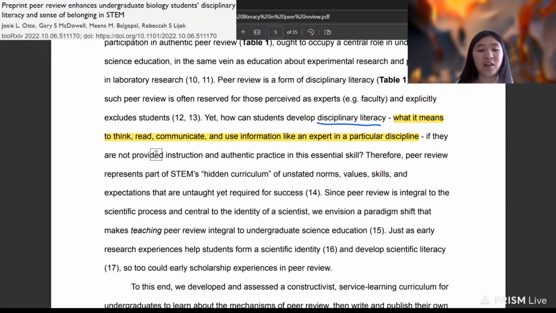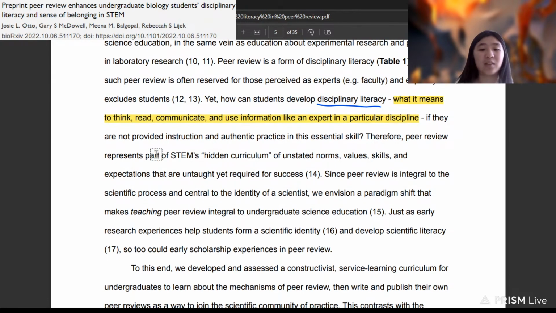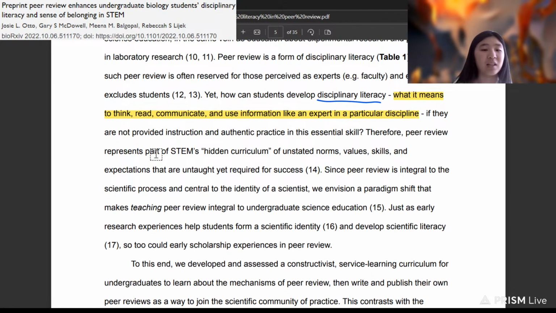So, therefore, peer review represents part of STEM's hidden curriculum of unstated norms, values, skills, and expectations that are untaught yet required for success. So it's like a hidden standard that you have to figure out on your own.